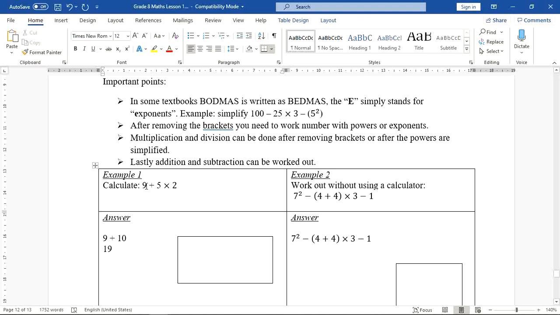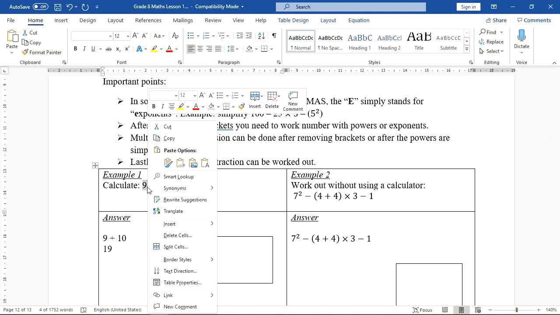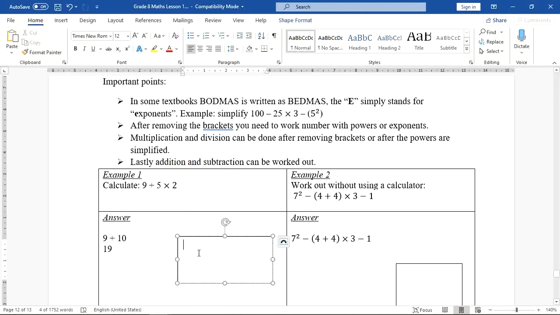Now the question is, what if I do the addition first? Am I going to get the same answer? Let's find out. Instead of multiplication, I'm going to add. I'll get 14, and then 14 times 2 is 28. Now look at 28 and look at 19. Those answers are not the same.